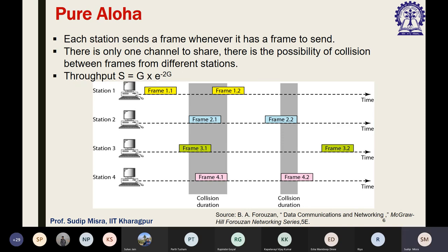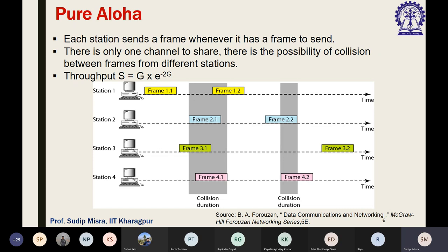Now you see that pure Aloha says that after the timeout period, each station will wait for a certain duration of time before resending the frame. Why? Because if immediately after the timeout all the stations send, then again there might be collision.